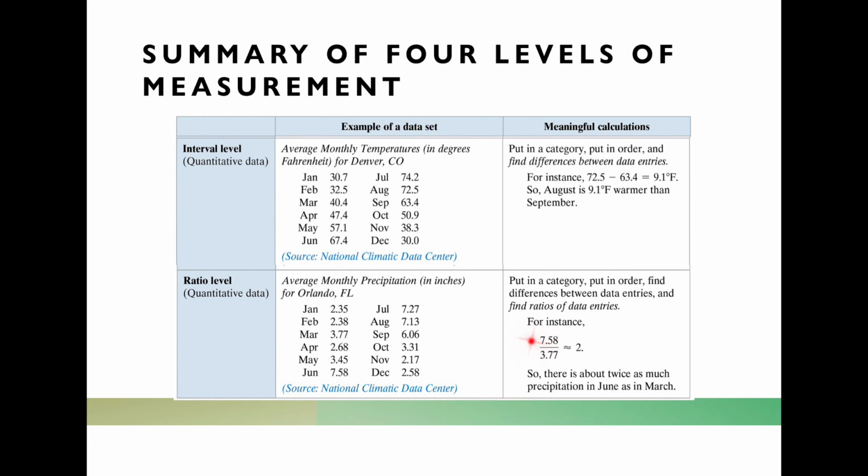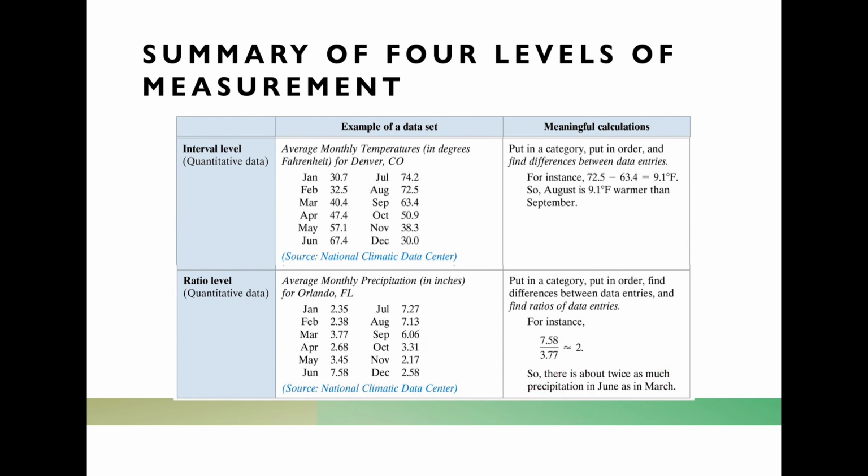Or in this case, they took a 758. I'm not sure which one that was. Okay, it was June's, divided by 3.7, March. And we can say that the first one has about twice as much, approximately double the other one.